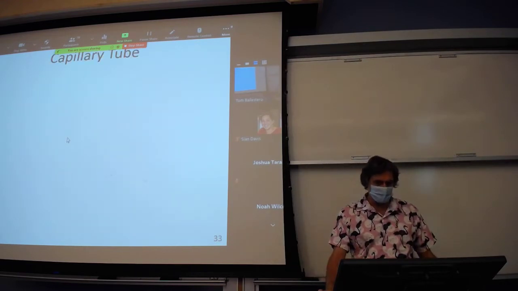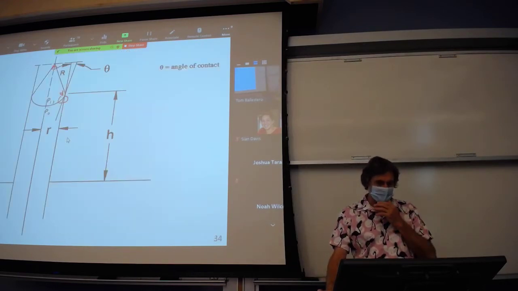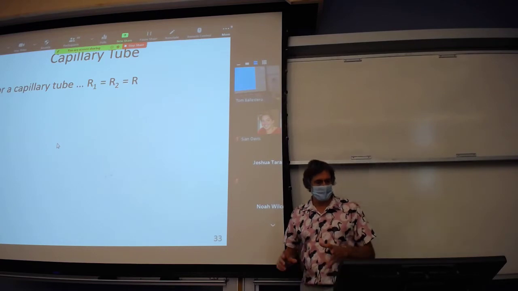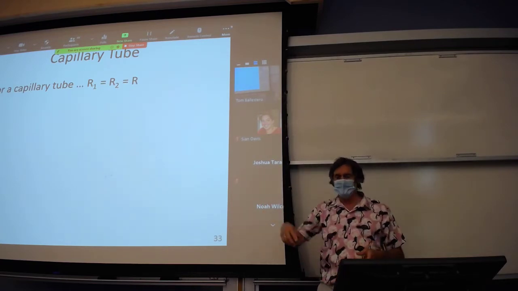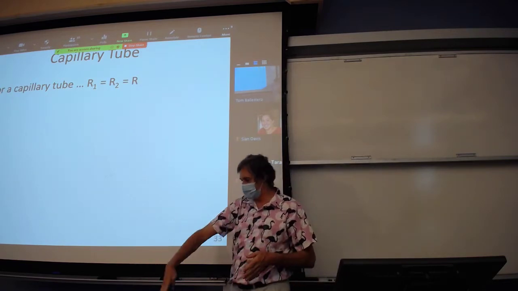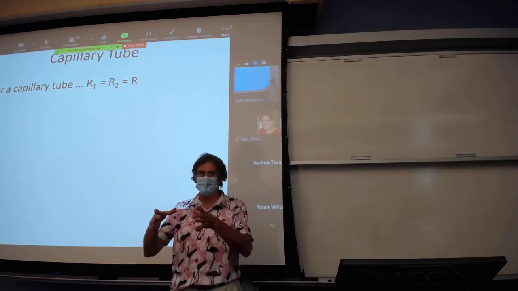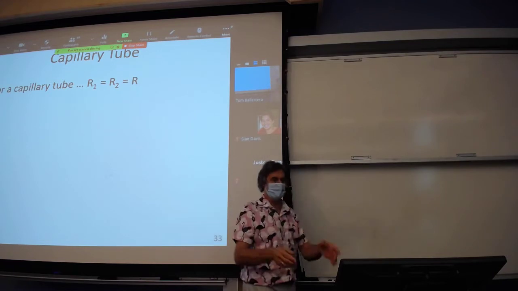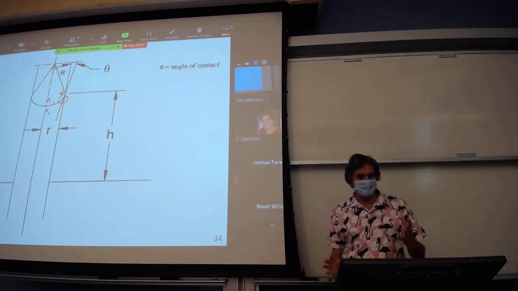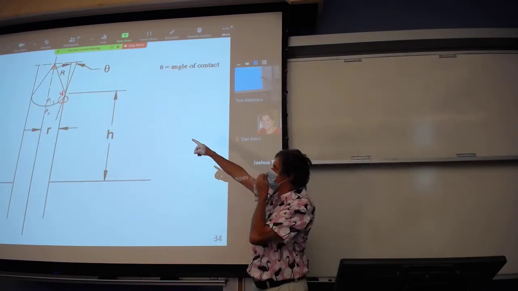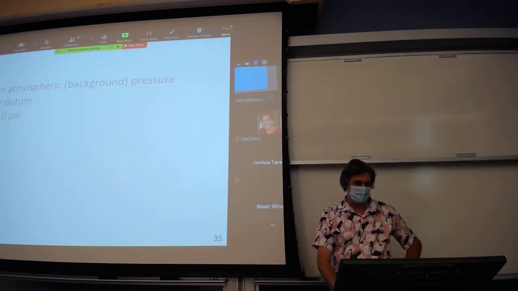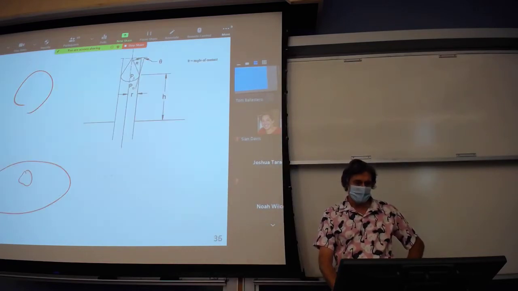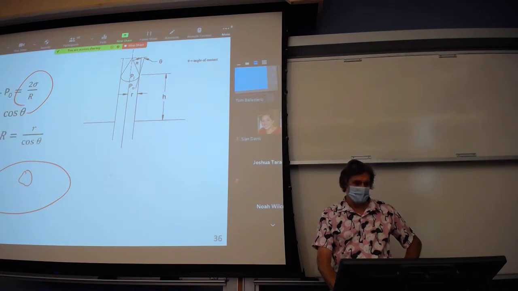So, in the capillary tubes, again, what we have is a hemispherical surface where the radius of curvature of the surface in both the x and the y are the same, because again, it's a sphere or a hemisphere. And when we look at the geometry of this system, we can put alpha and beta, I want to advance the slide a little bit.